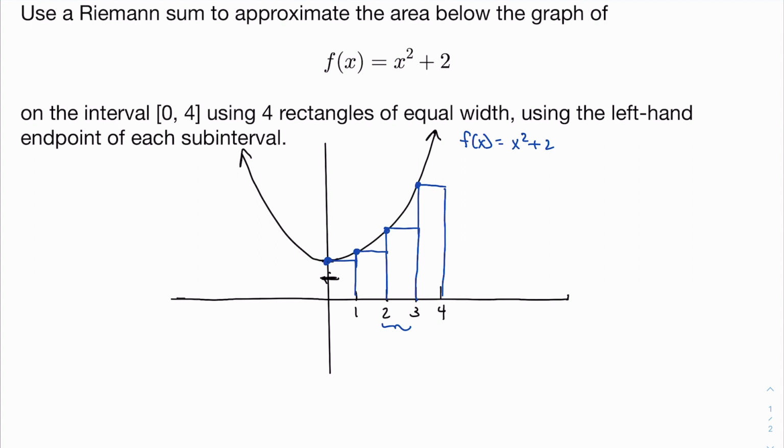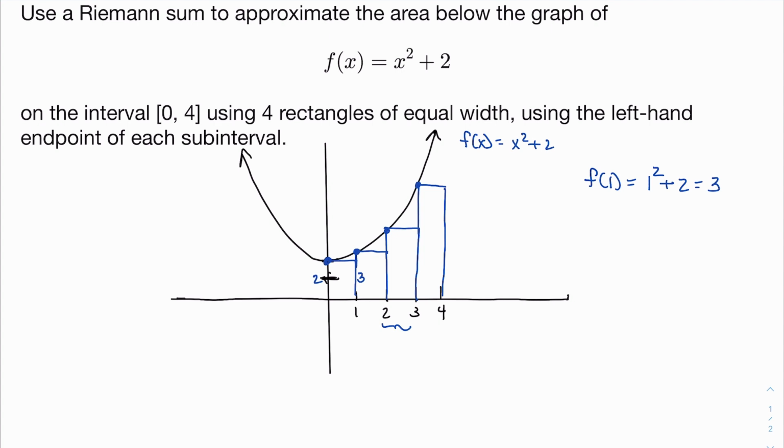So all we need to do is find the area of each rectangle. Now, the height of each rectangle is determined by the value of the function. At x equals 0, this is the point (0, 2), so I'm just going to write the y coordinate here. That's 2. At x equals 1, if we plug in x equals 1 to the function, f of 1 is equal to 1 squared plus 2, which is 3. So the height of that rectangle is 3. I'm actually going to write the height right where the height actually is.